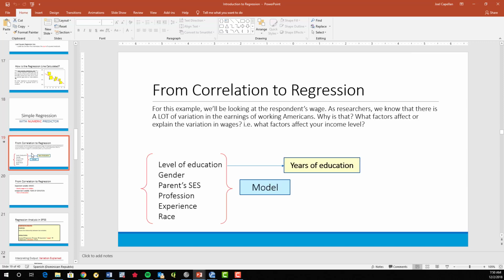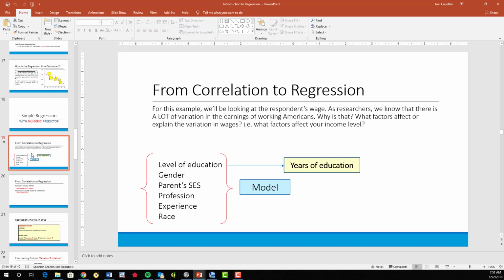The dependent variable in class that we were interested in was people's wages. And as we have discussed, people's wages vary quite a bit. Some people make a lot of money, other people make average levels of money, and others make very little money. And so we want to understand what factors predict people's hourly wages.